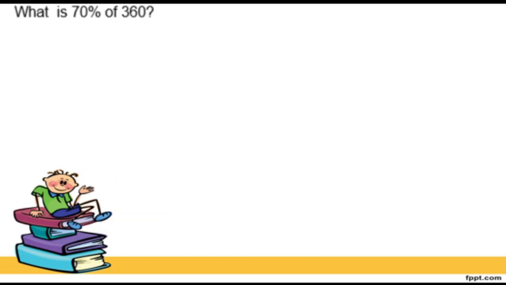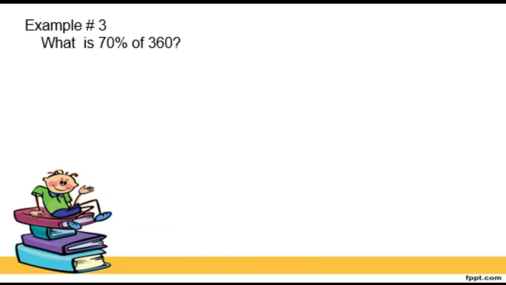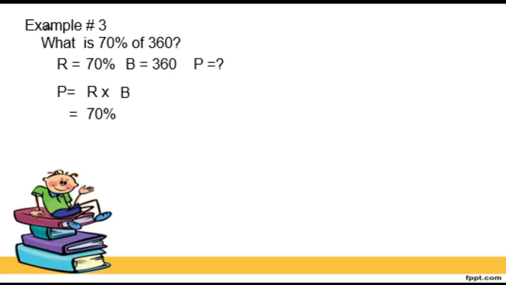Next. Okay, what is 70% of 360? So, R is 70%, and B is 360, P is unknown, so P is equal to R times the B, and R is equal to 70% times the 360. Change 70% to decimal, that will become 0.7 by just moving twice the decimal point, 1, 2.